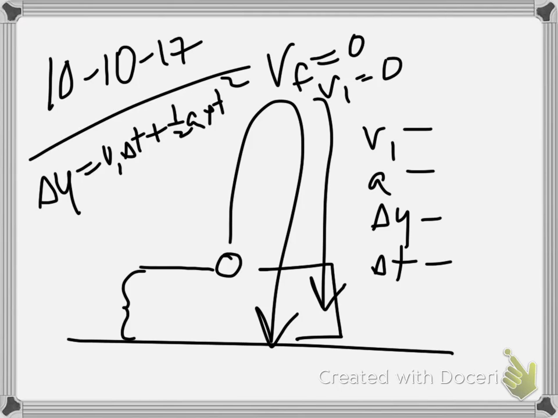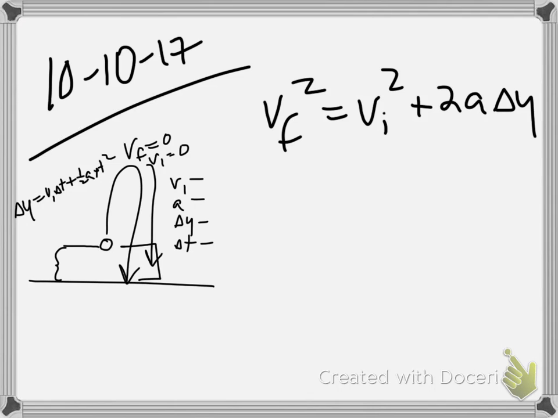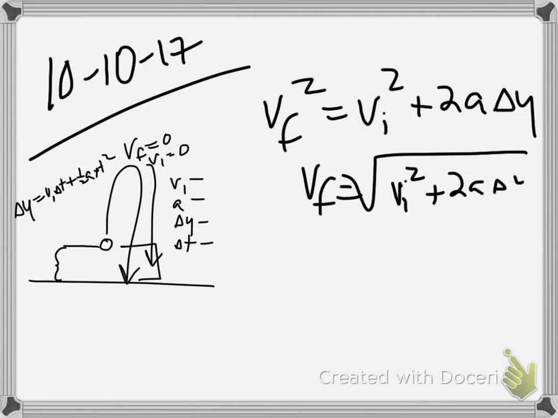And the substitution that I keep doing with this one, I'm going to try to get that shrunk. Knowing that we have VI, a, delta y, delta t, well, if only we had VF. We don't, but we can create an expression for VF that uses everything that we do have, 2a delta y.